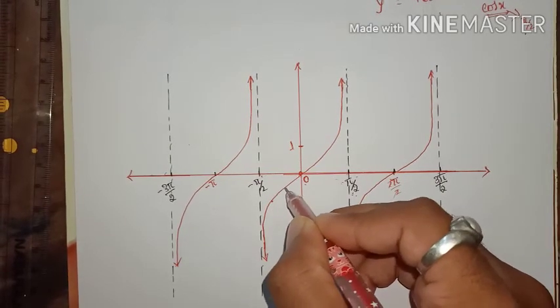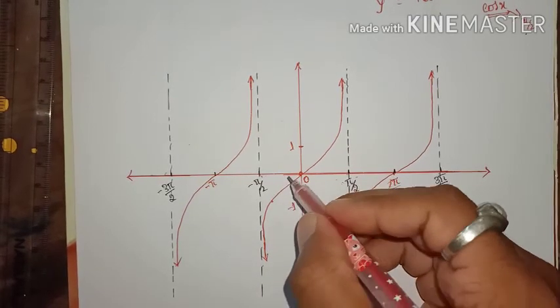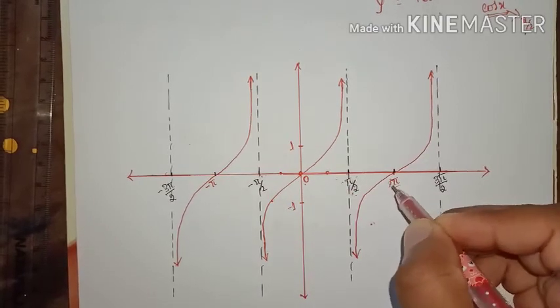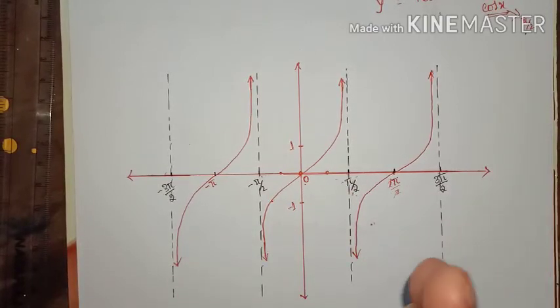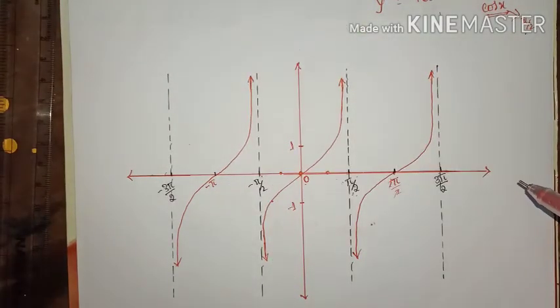So the graph should come a little bit over here, then it will come like that. Then it will become pi by 4, half of that. This is the way we are going to construct a graph of tangents here.